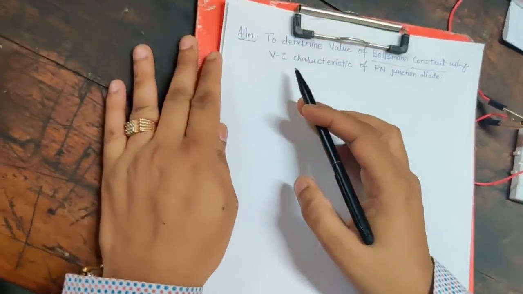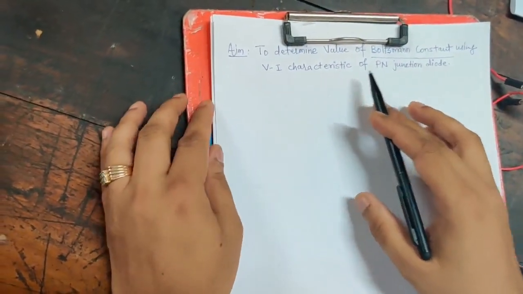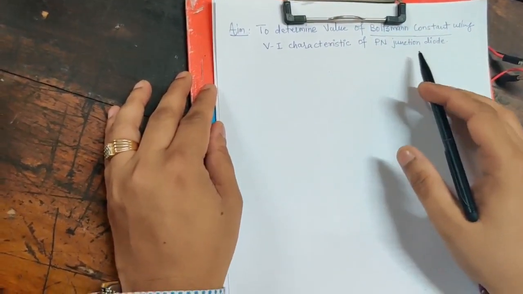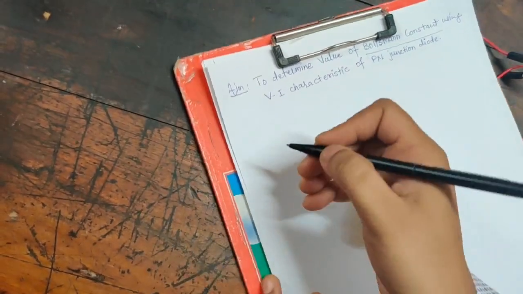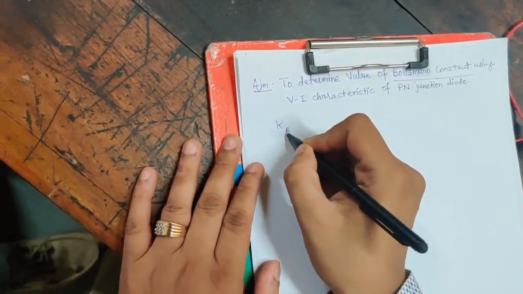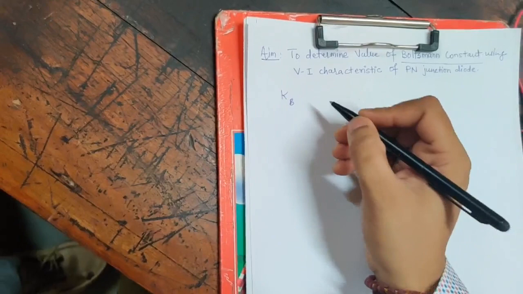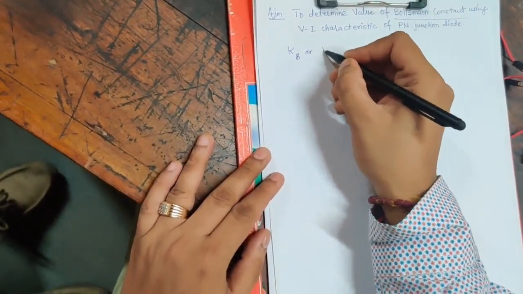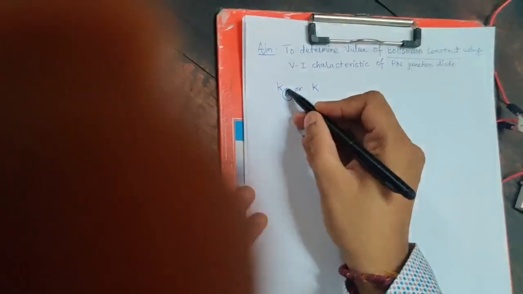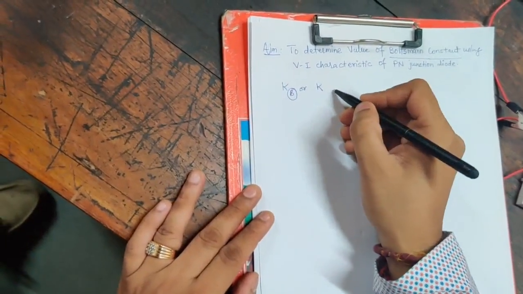So this is the aim of our experiment, to determine the Boltzmann constant using VI characteristics of a PN junction diode. This Boltzmann constant is represented by KB or K, where B is for Boltzmann.